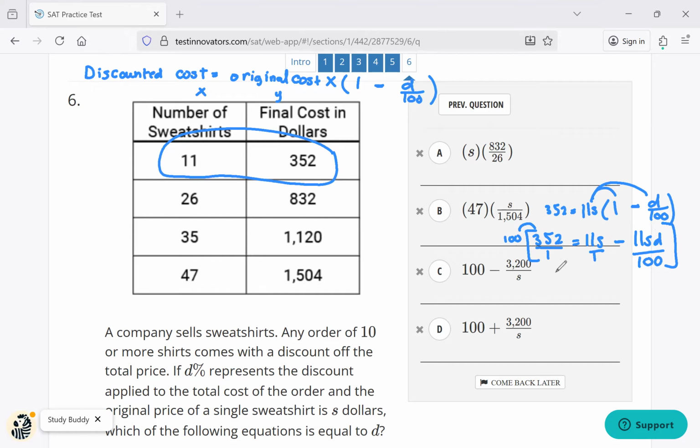So 100 times 352 is 35,200, equals 100 times 11S is 1100S, minus 100 times negative 11SD over 100, that is negative 11SD.